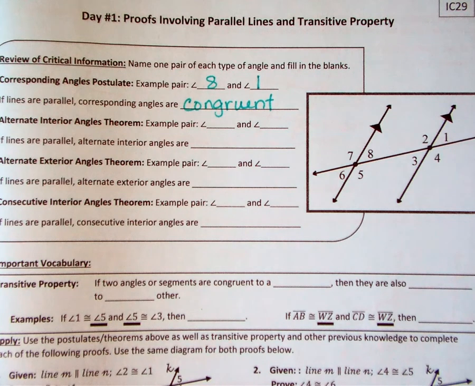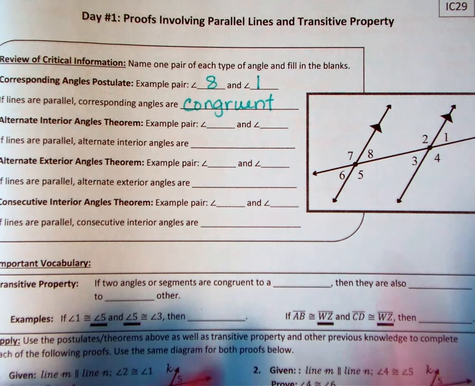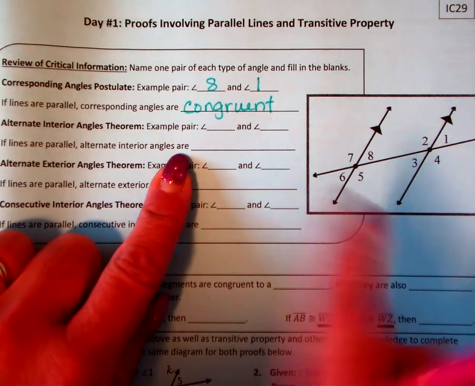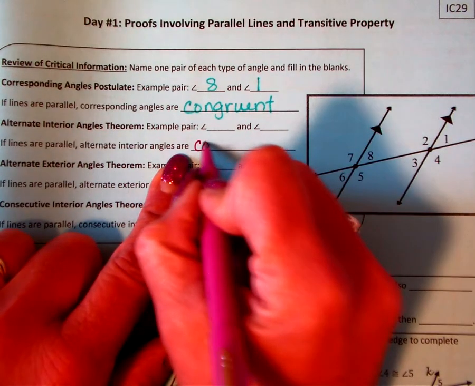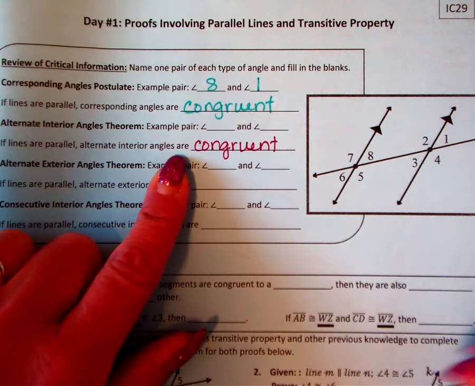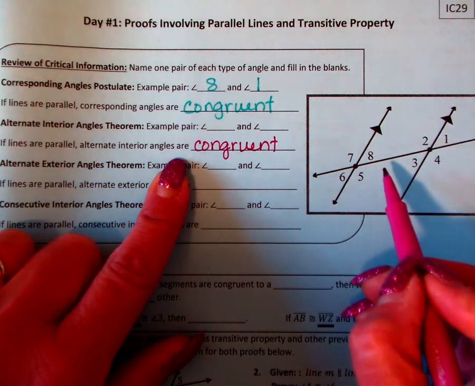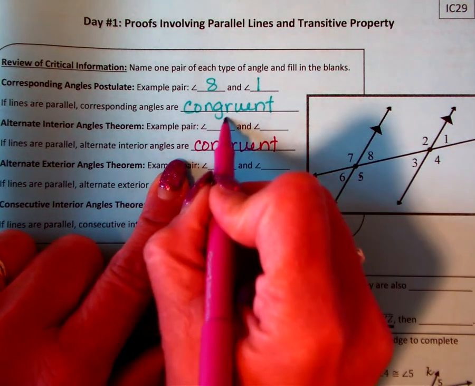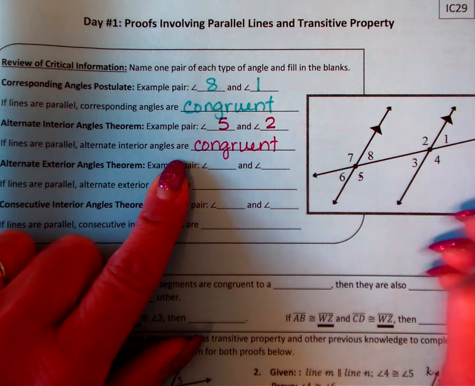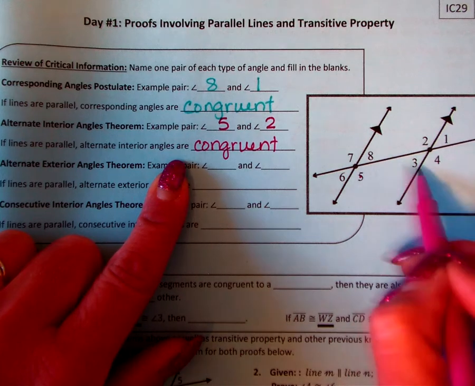Alternate interior angles theorem says if lines are parallel, which we have here, 2 parallel lines, the alternate interior angles are congruent. Okay, this is review here. So alternate interior angles would be, for example, 5 and 2, alternate interior because it's across the transversal, or 8 and 3.